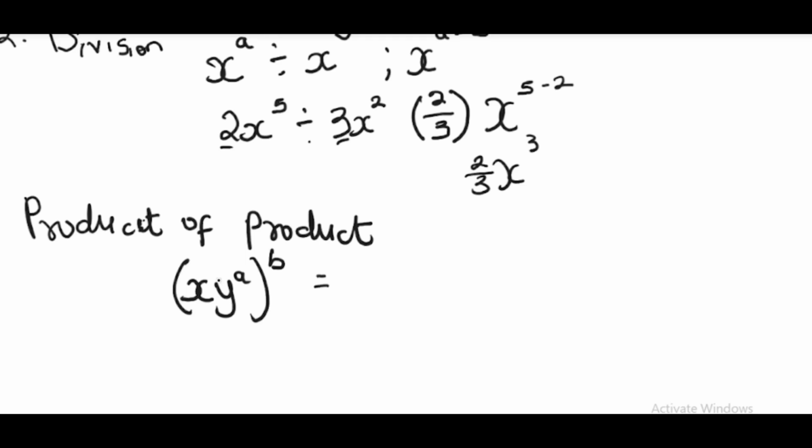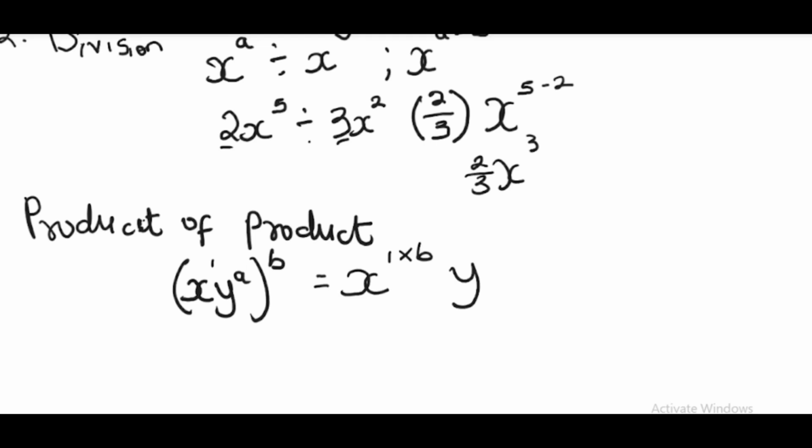Now you see that x doesn't have a power. So since x doesn't have a power, it means that the power of x is 1, right? So we have x to the power of 1 times b, and then the power of y is a, right?